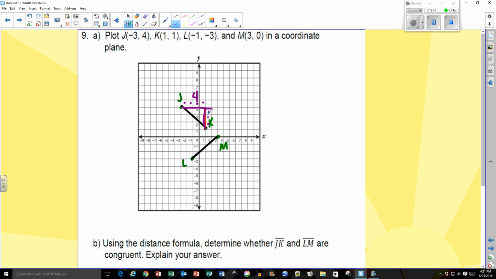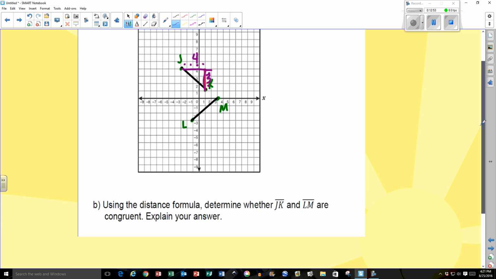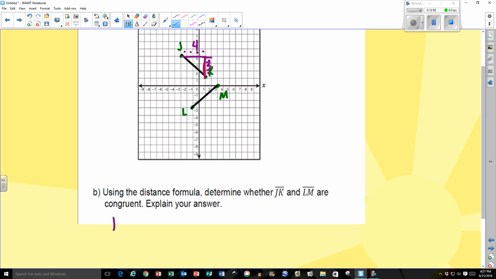So this has a length of 4, this has a length of 3. So I could say that JK is 3 squared plus 4 squared. Take the square root. So 9 plus 16, take the square root, which is 25. And the square root of 25 is 5. So that means that JK is 5.